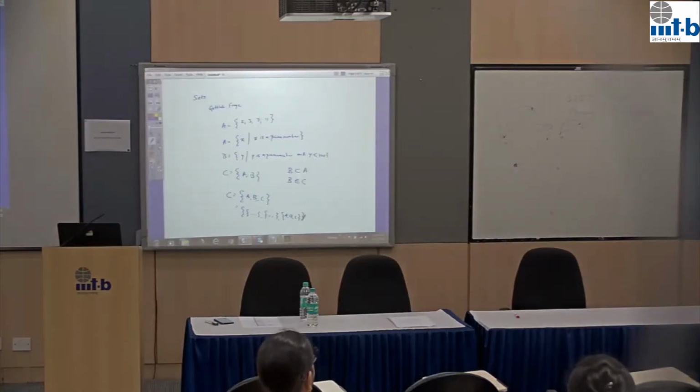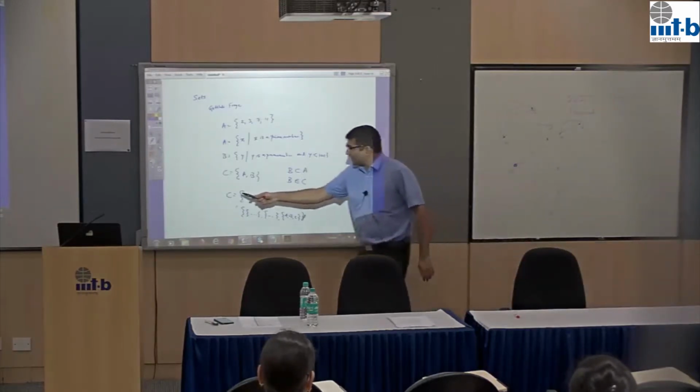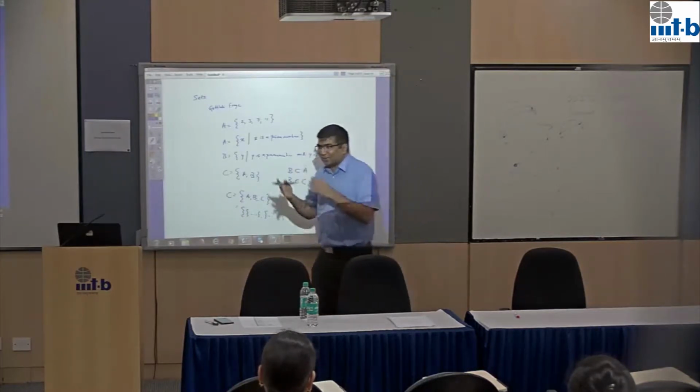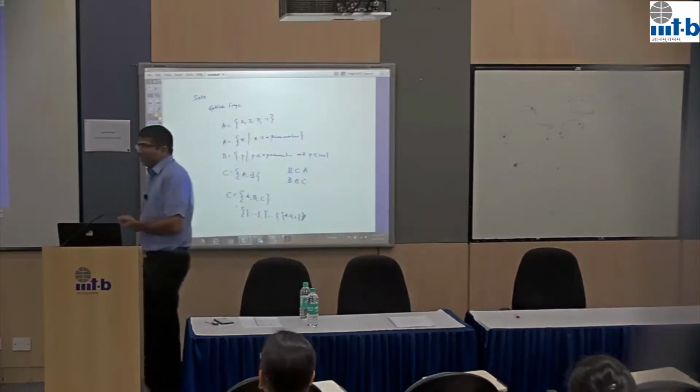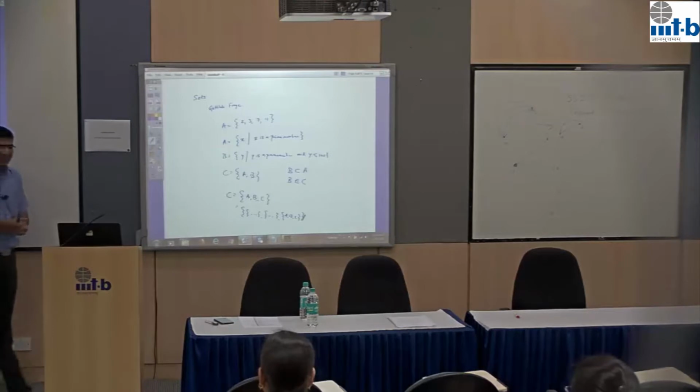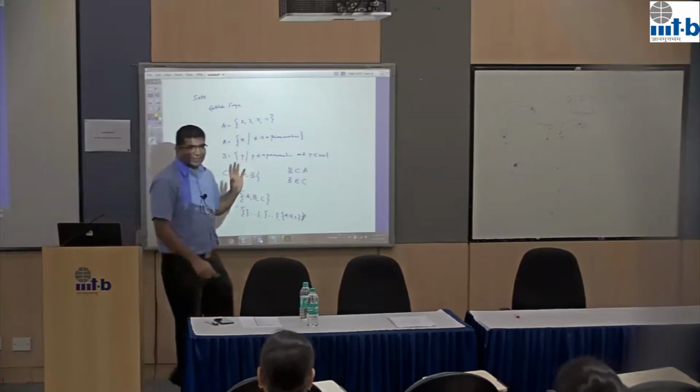Now it never ends, right? So you can keep on expanding C forever. C is an element of C, that's an element of C, that's an element of C, and it never ends. So where will you stop this unfolding of a definition, so that I can say, okay, now this is the definition of C? We'll come back to this question in a while.